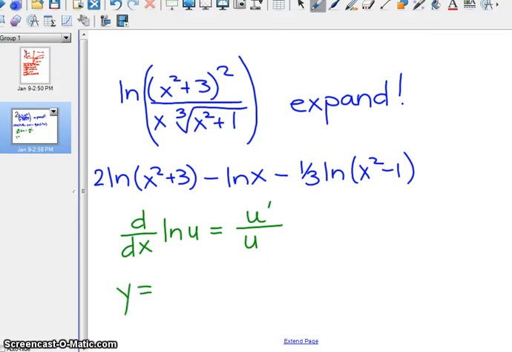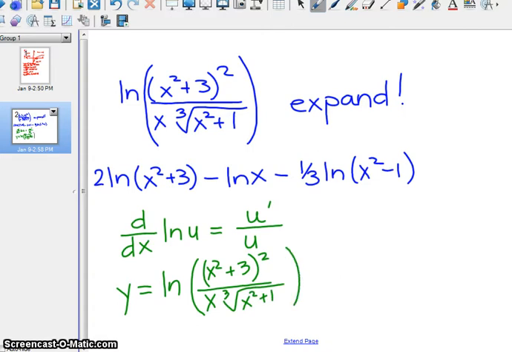So, let's say our function is y equals the natural log of (x squared plus 3) quantity squared over x times the cube root of x squared plus 1. Your directions: find the first derivative. And just because this is a natural log problem doesn't mean the derivative has changed its definition. We are still going to use the derivative to find the slope at a point.